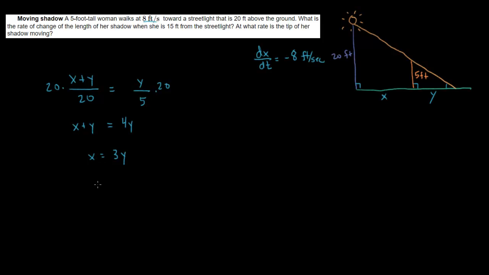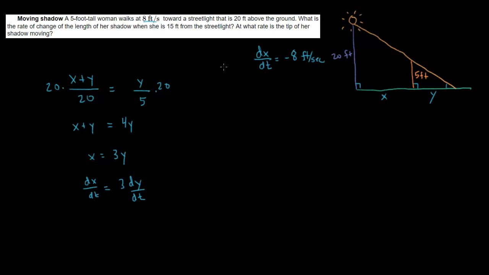And now let's take the derivative of both sides with respect to time. So the derivative of just a plain old x with respect to time is dx/dt. The derivative of 3y with respect to time is just 3 dy/dt. Okay, so now I know how everything's changing. Now I can start to plug in and solve for what I need.